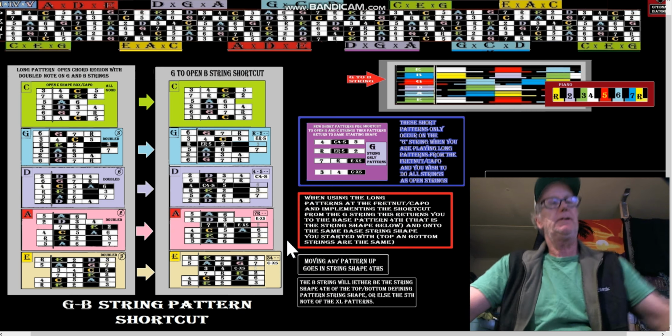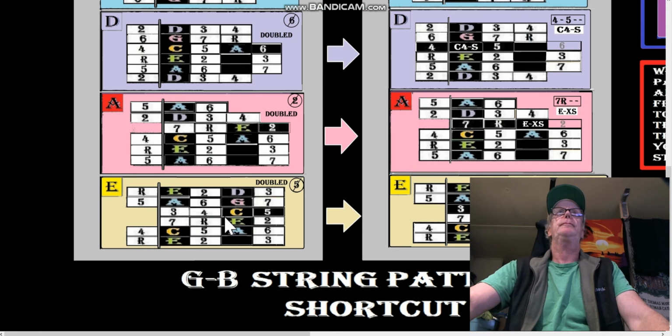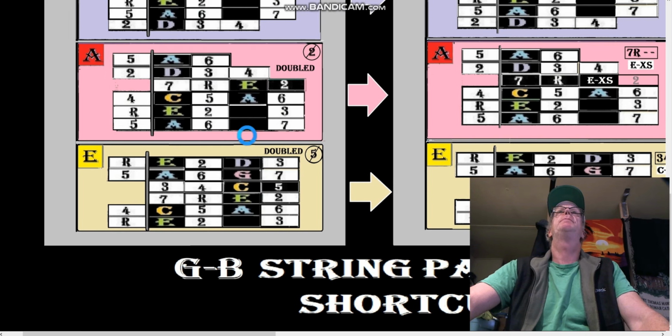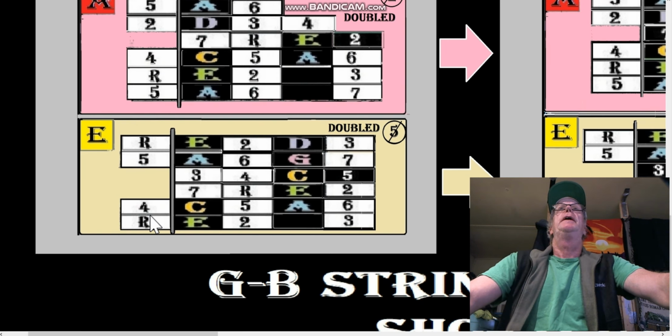So what I need to explain to you today is what we just played. Here's the old way of playing it with the long patterns: root 2, 3, 4, 5, 6, 7 root 2. Now these are string shapes right here. You can do the E pattern away from the fret nut with all string shapes.